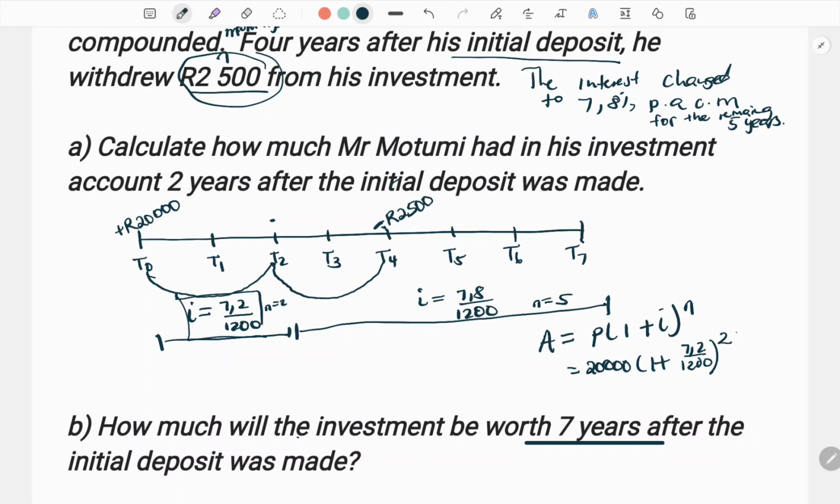Now if you divide by 12, you always make sure you multiply by 12 there. Be careful. Then you punch everything in your calculator.